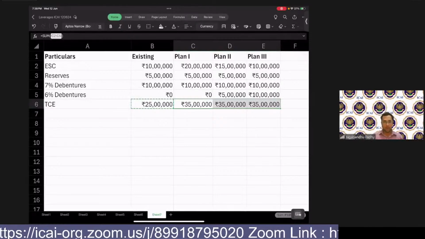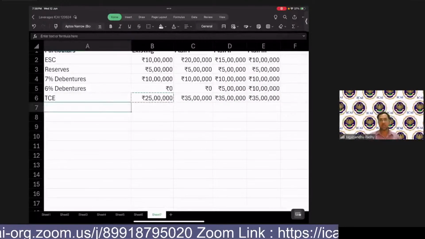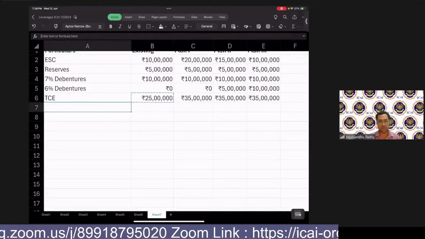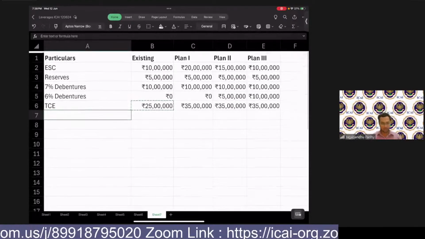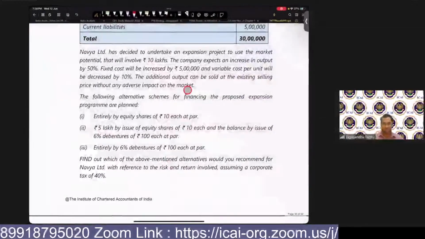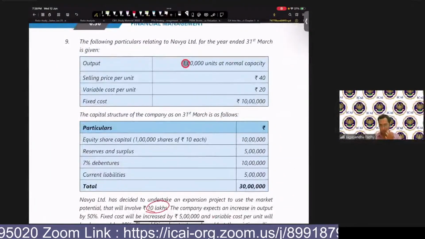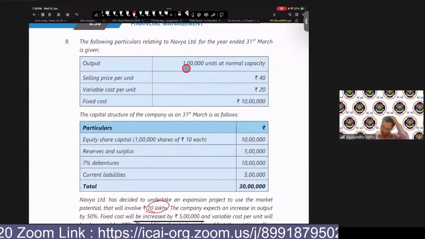Okay, so now let's look at the income statement for each of these plans. Let's get started with sales. They say sales is 1 lakh units of output at normal capacity.